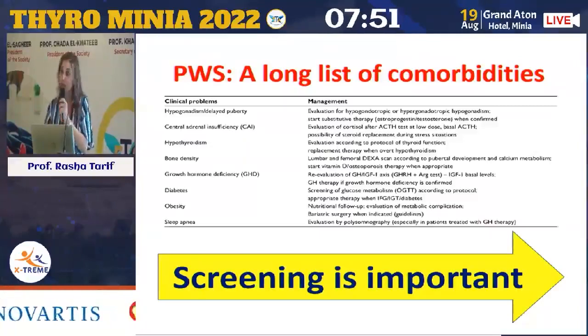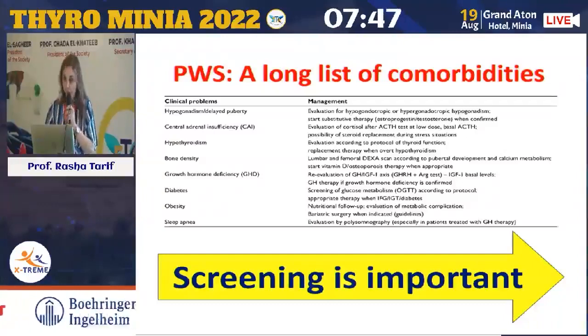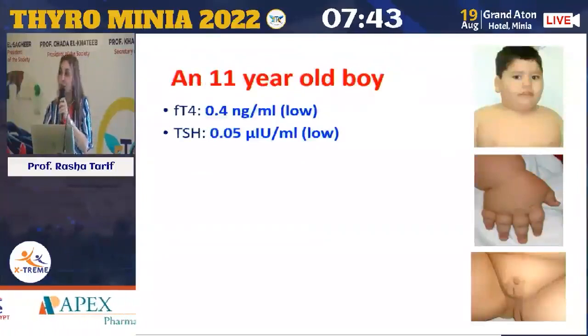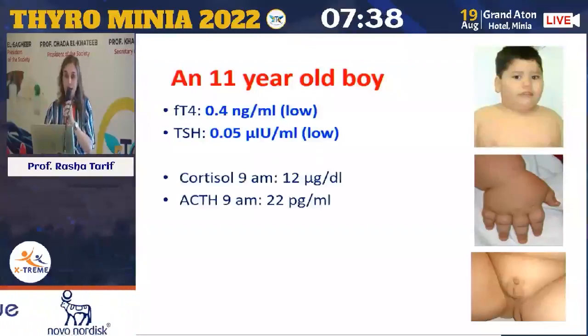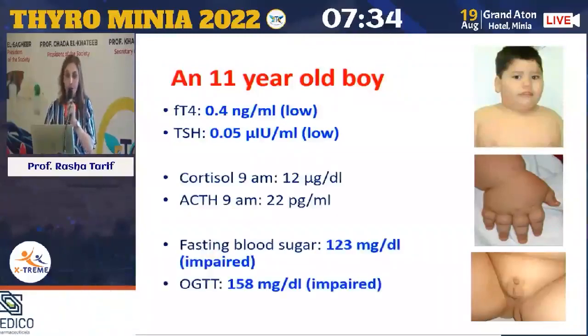And that's why it's important to target the diagnosis of Prader-Willi in order to screen for the comorbidities. And this is what we did in this boy. We looked at the thyroid function. We found low T4 and TSH. The adrenal functions were normal. There was impaired fasting blood sugar and oral glucose tolerance test.